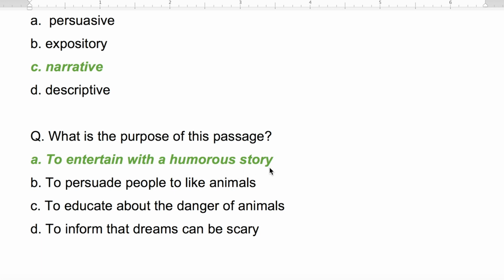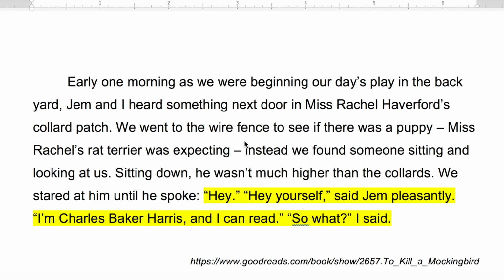Let me point out something here. It does not matter what it says after the words to entertain. This is all irrelevant. All you care is that it says to entertain. Okay? Good job. Now let me show you another example of a narrative passage. This passage here in particular is an excerpt from To Kill a Mockingbird, which happens to be my favorite book. Just thought I'd throw that in there.